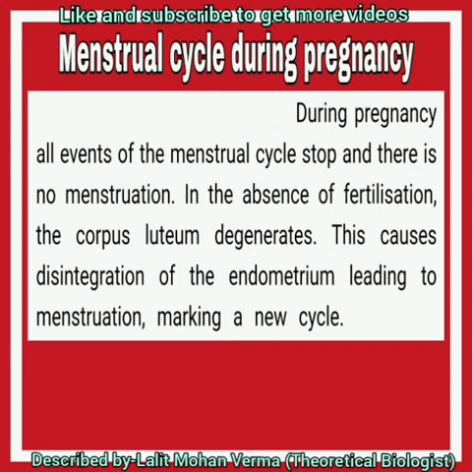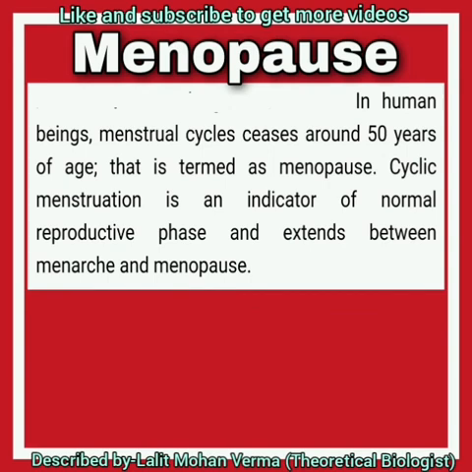This causes disintegration of the endometrium, leading to menstruation and making a new cycle. So if the pregnancy is there, then no menstruation. If no pregnancy, then it starts making a new cycle.